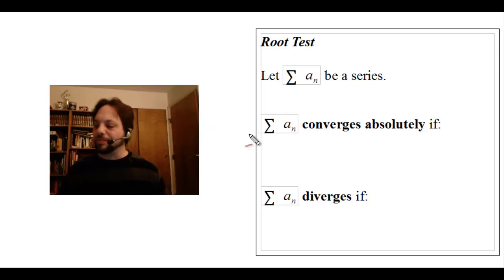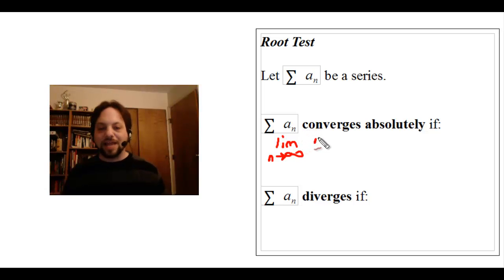So let me show you what this means here. If we have some given series, what we're going to do to figure out if the series is absolutely convergent is we'll take the limit as n approaches infinity of the nth root of the magnitude of the current term.